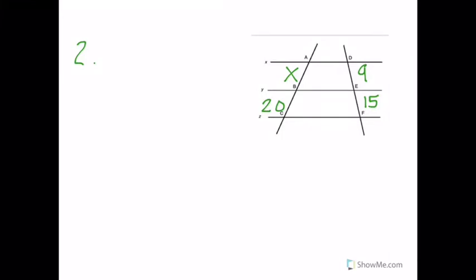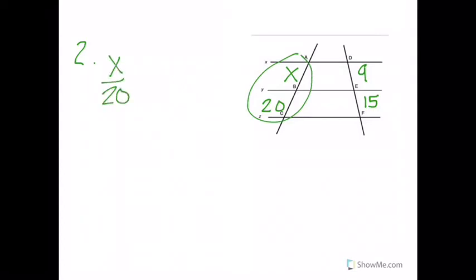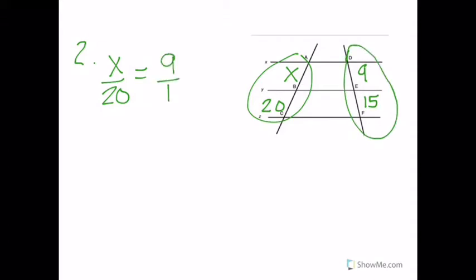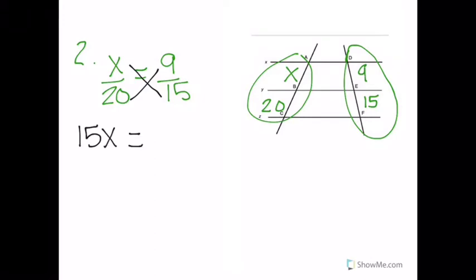So let's do one more like this. All right, number 2, go ahead and copy that picture down. Set up your proportion using the segments on the left side, x over 20 equals the second ratio, using the numbers on that right side, 9 over 15. Cross multiply. x times 15 is 15x equals 20 times 9 is 180.